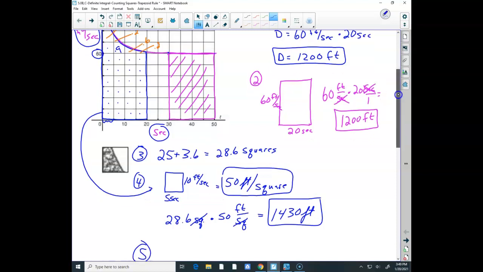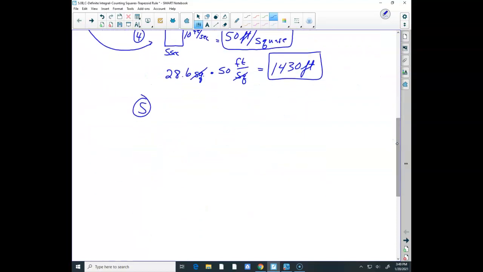Well, it's pretty easy to see, because as I'm taking my feet per second, okay, that's my y value, and I take that times my seconds, that's my x value, and if I multiply them, well, feet per second times seconds gives me feet.